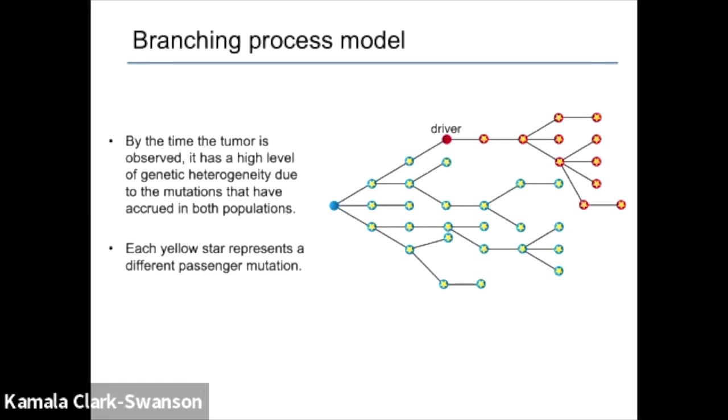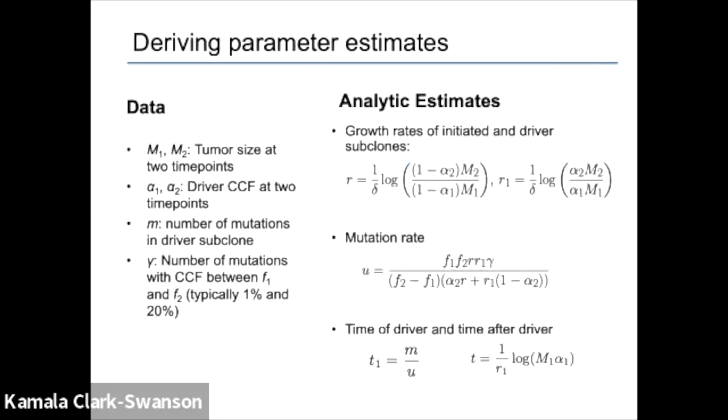Interestingly and nicely enough, we can show that in this setup, one can analytically estimate virtually all parameters of this branching process. I will give you on the left the data that one needs to do it.